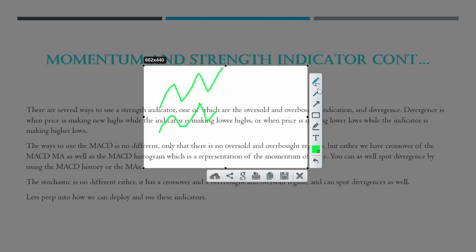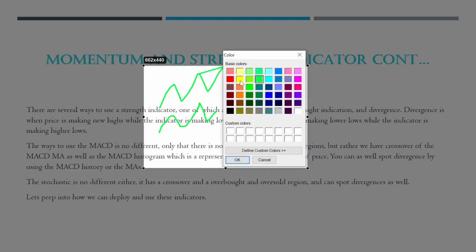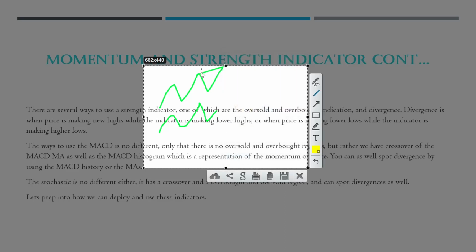As you can see, if you are to draw this, let me change this color. We have higher highs here, right? This high is higher than this particular high. Whereas on the indicator, this high is this high, this low is this low.